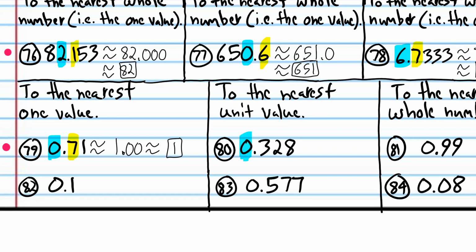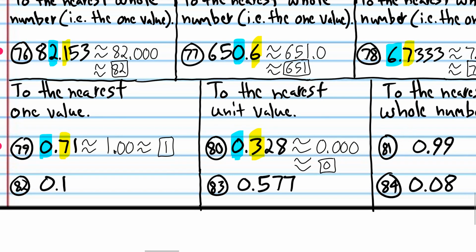This is the unit value, as we said. It's just another name for the ones place. The 3 tells us to round down. So the blue 0 doesn't change, and all the other numbers become 0. But that's just the same thing as saying 0. So number 80 was 0. So maybe we should have done that one together.